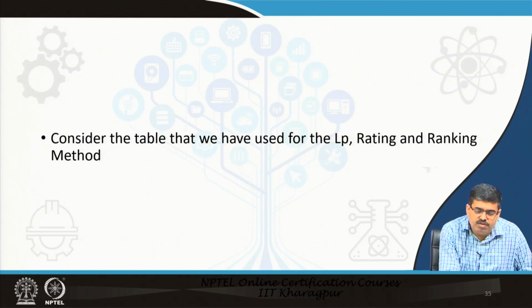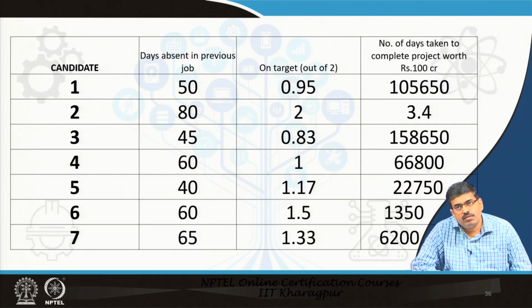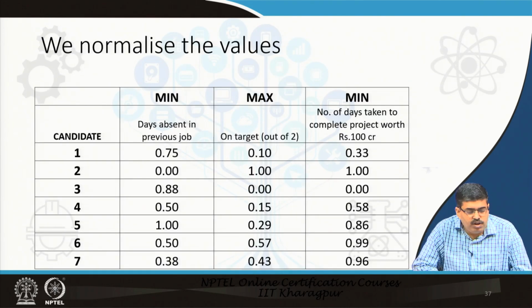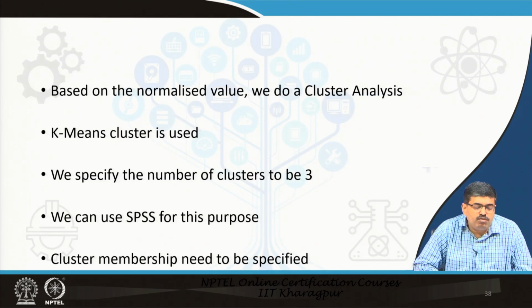Consider the table that we have used for the LP, rating and ranking methods. Same table, we are using this. We normalize the values as usual using the same formula, the max and min formulas. Based on the normalized values, we do a cluster analysis.